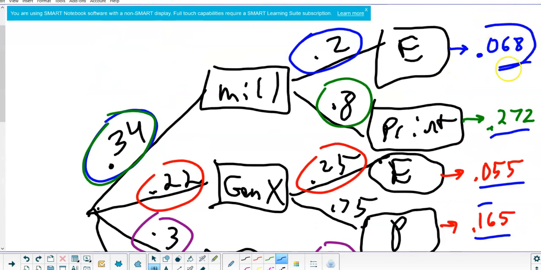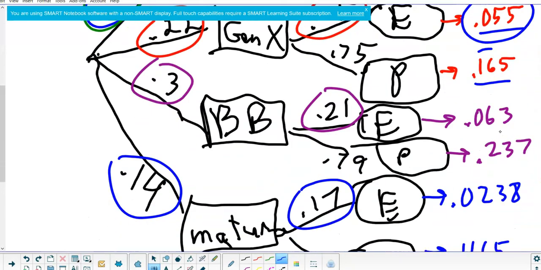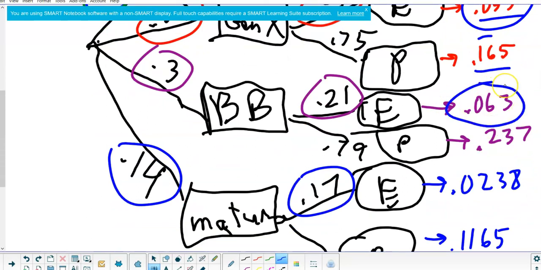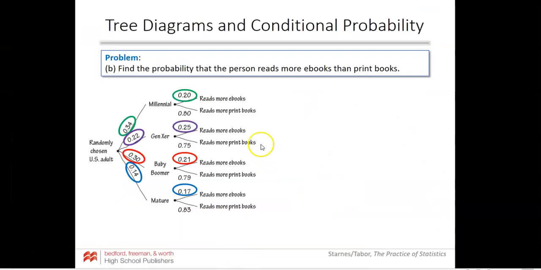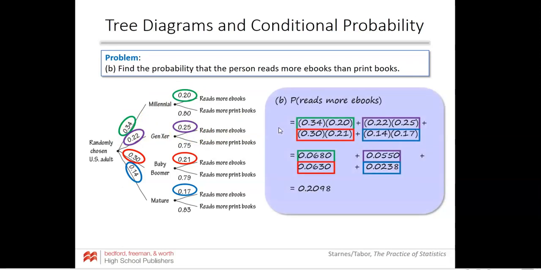You're adding up this 0.068, you're adding up the ebook for 0.055, the 0.063, and the 0.0238. So we've already figured those out. We just have to add those up. They haven't figured it out yet, so they're going to have to multiply those numbers, the green ones, and then multiply the purple and add them, and so forth. That's what they did here.